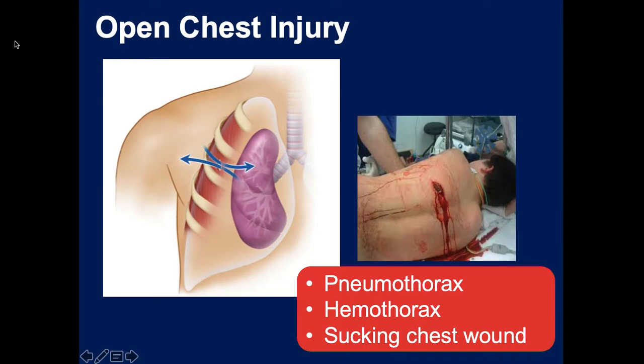The problem that we have with open chest wounds is the pressure differentials that create normal respirations. Now, I hope you remember from your respiratory lecture or your anatomy lecture, the way air moves in and out of our lungs is through pressure differentials. So at sea level, ambient air is 14 pounds per square inch approximately.